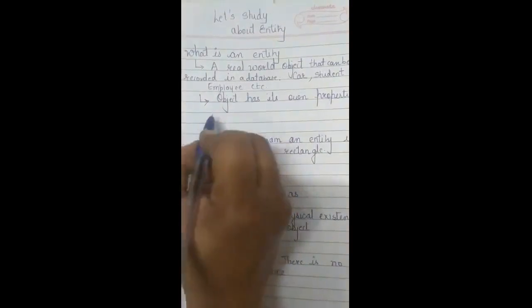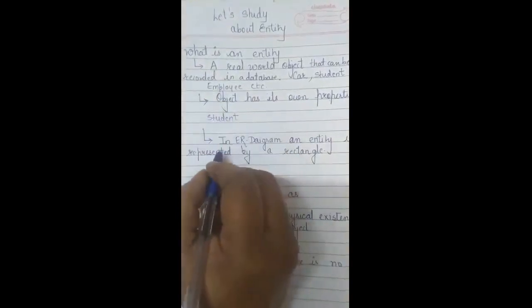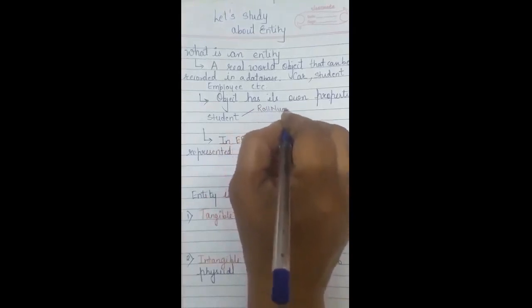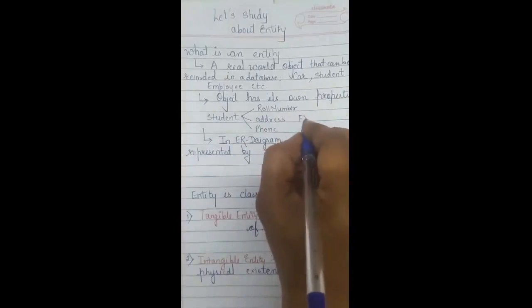And this particular entity has its own properties. If I take an entity like student, then definitely it has its own properties, like roll number, address, phone number, and again he or she may have the class.